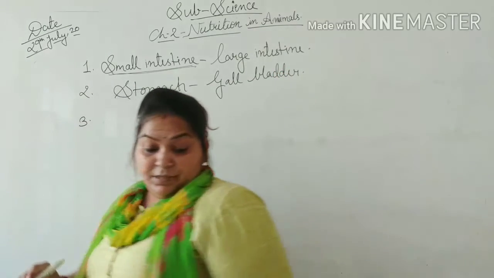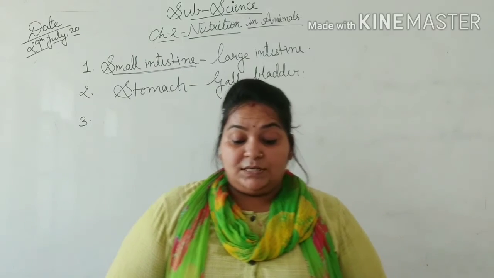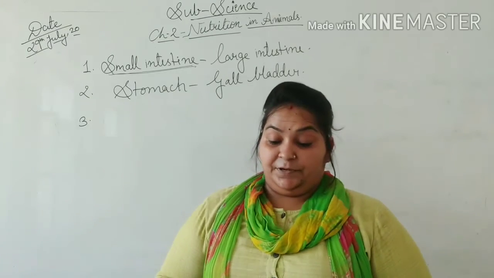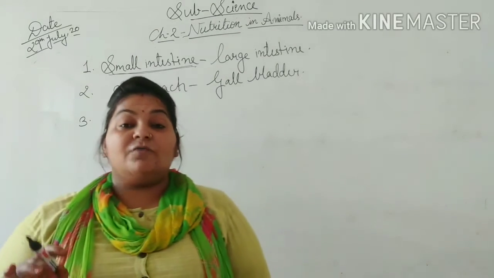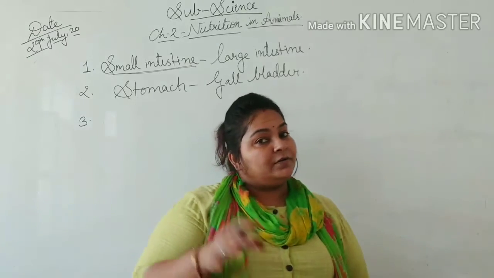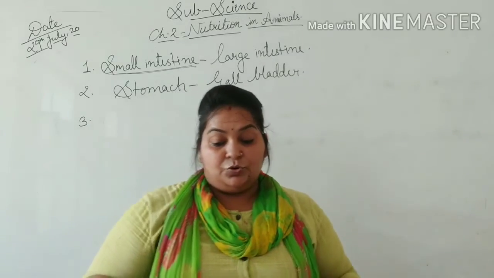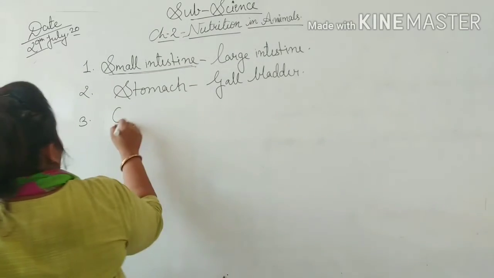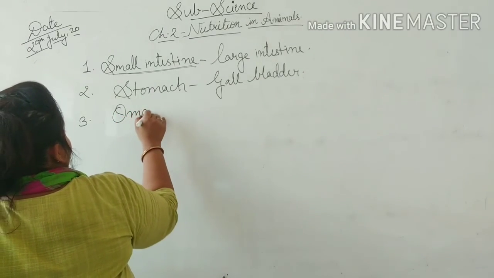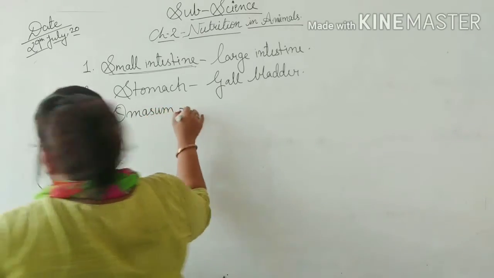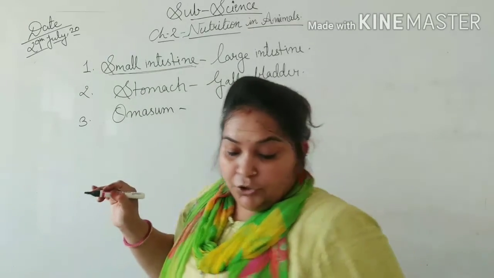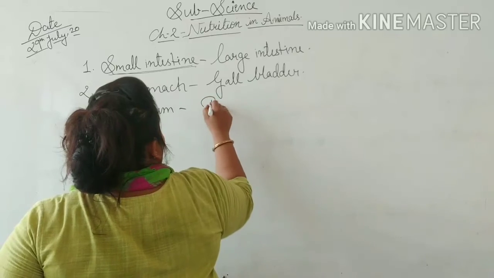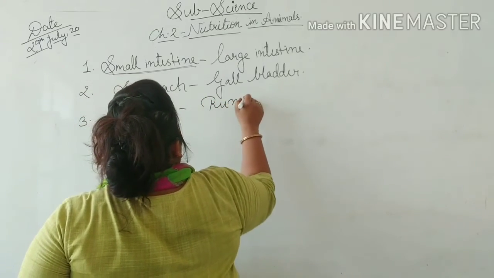Number 3: omasum is the largest chamber of the stomach of ruminants. We are going to read that in our last lecture, but I am just going to write the right answer. Instead of omasum, it will be rumen.